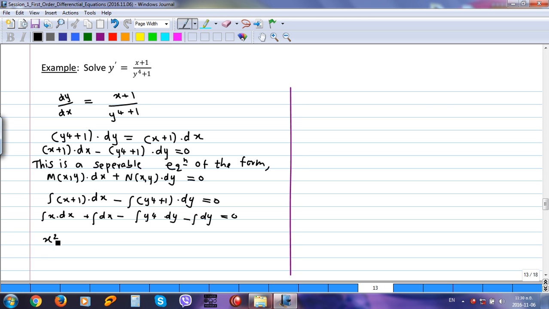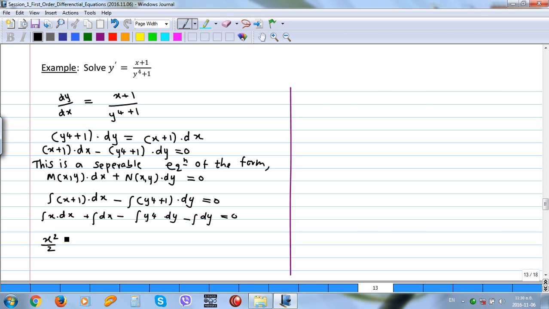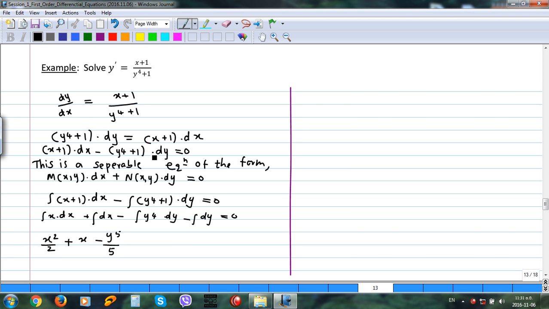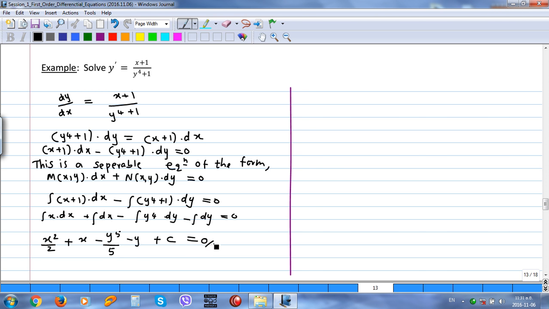Then we can write x^2/2 + x - y^5/5 - y + c = 0, where c is an arbitrary constant.